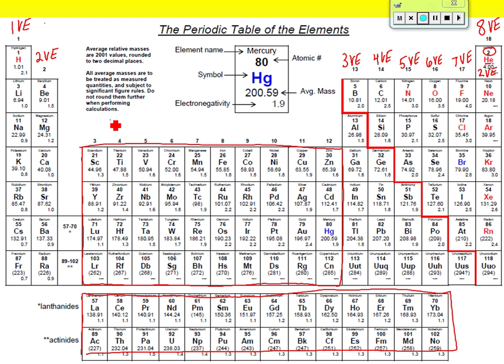This chunk of elements right here is called the transition metals, and these are called the inner transition metals. Their valence electrons are a little more difficult to determine. We're going to talk about metals in the coming chapters, but for right now, we're just going to leave them aside and not talk about the valence electrons that they have.